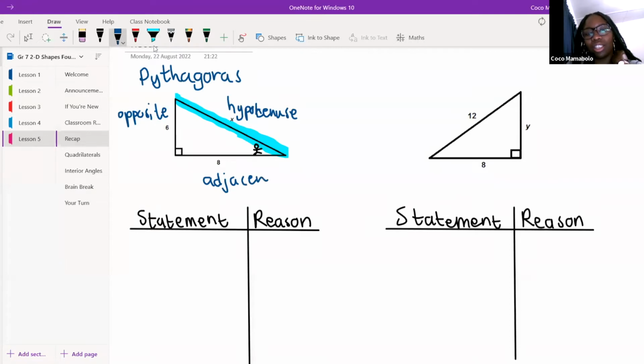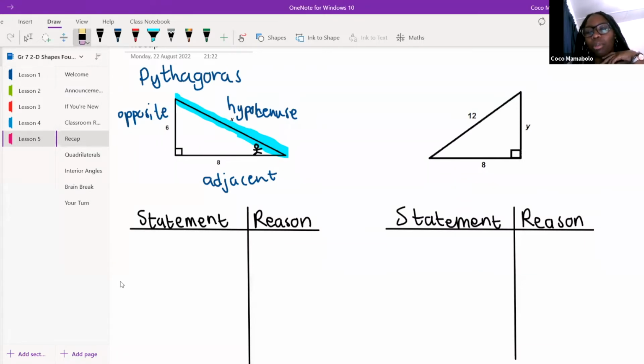Excellent. All right, so I need you to give me a statement and a reason. Do you remember what the statement is going to be, Wisdom? Is x plus 50 plus 20 equals 180? Then x is 180. Okay, I think you're remembering angles, Wisdom, and we're not doing angles, we're doing sides.